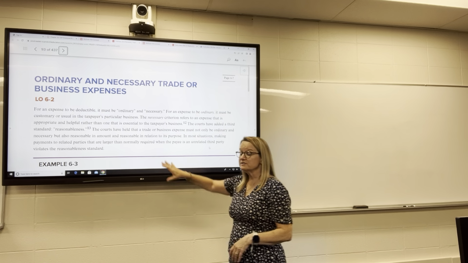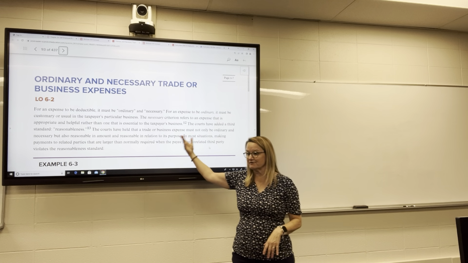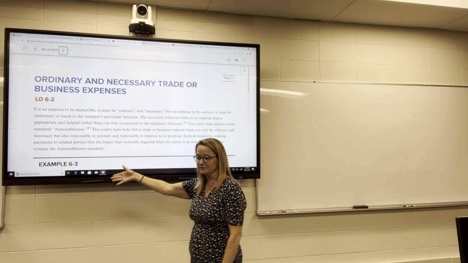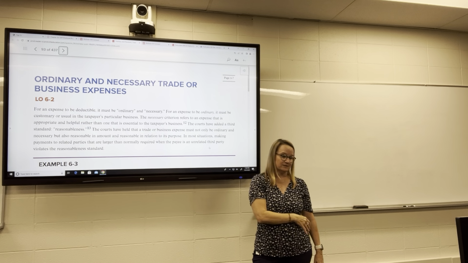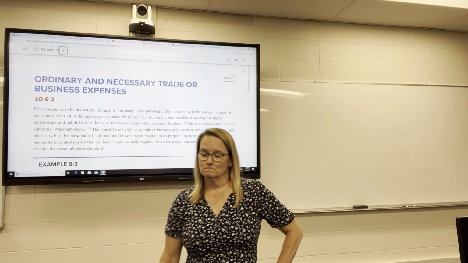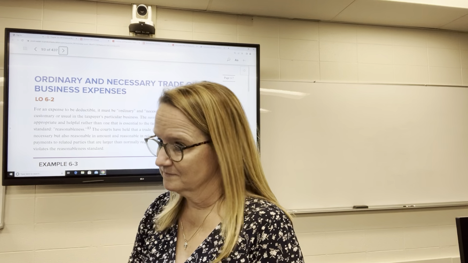Now this is going to be a highly litigated area because one person's definition of ordinary and necessary may not be the same as the court's definition, right? So then who decides? Is it just like if you get audited, they go through it and decide if it matches all those?